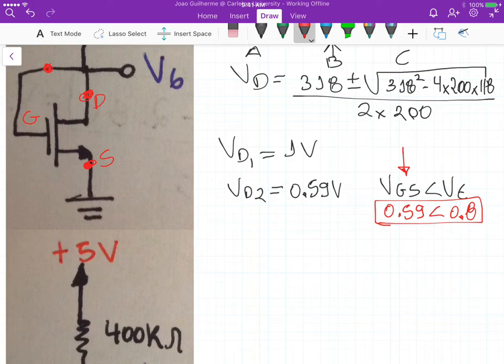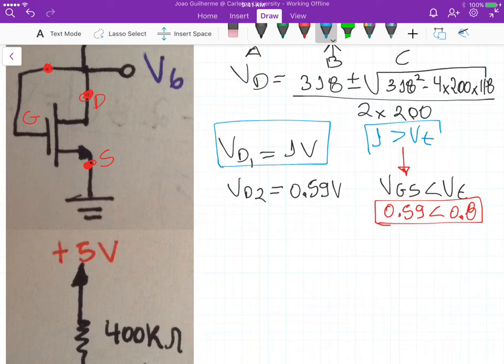Now, if we pick VD equals 1 volt, then we get that 1 volt is actually greater than VT, right? And this agrees with our assumption of saturation operation, okay? So in this case, we pick VD equals 1 volt. And because VD equals VG, VG is basically 1 volt.